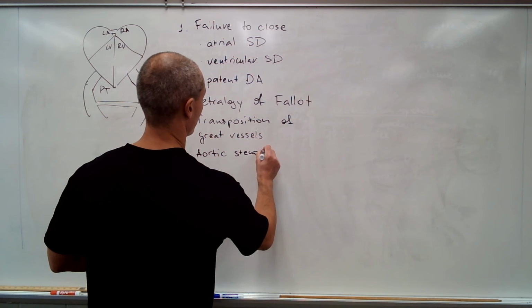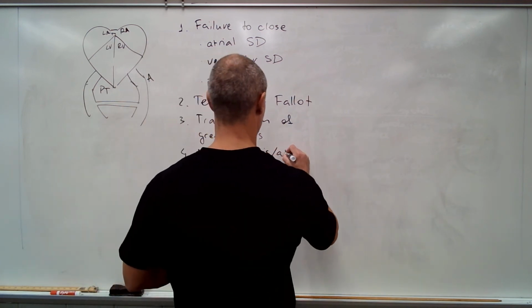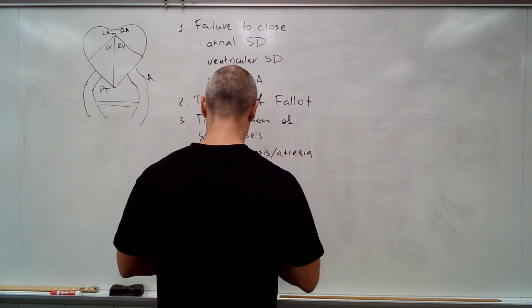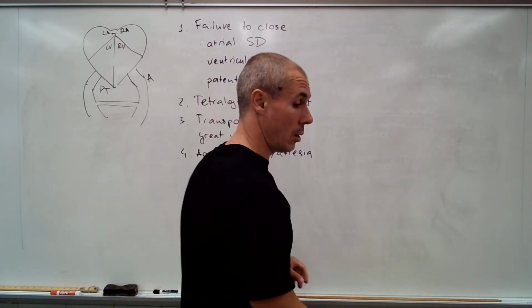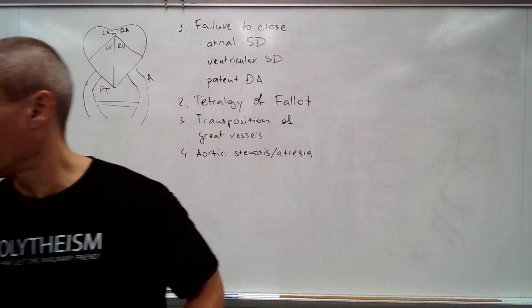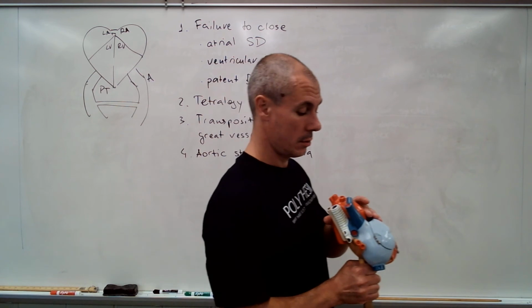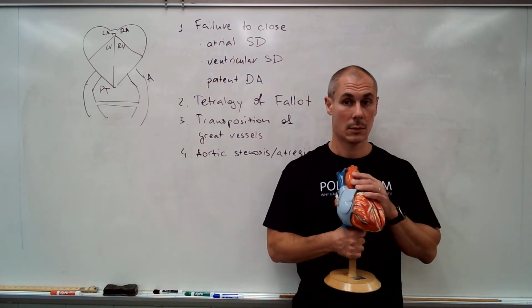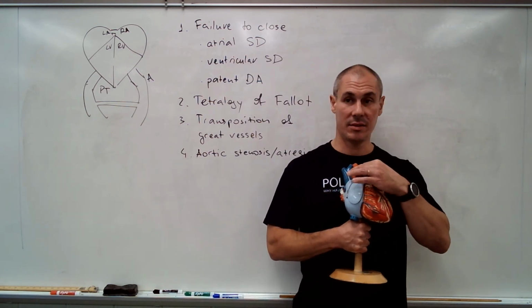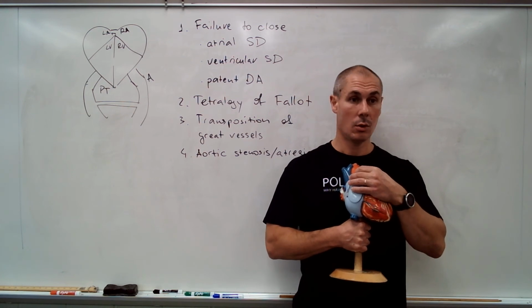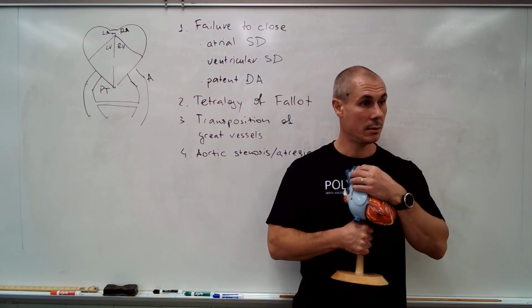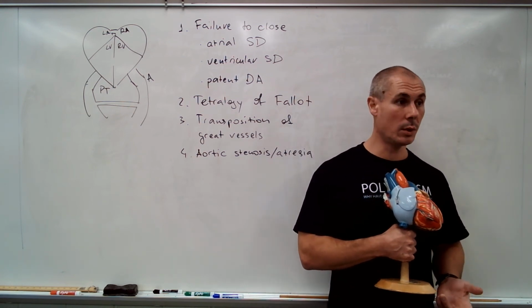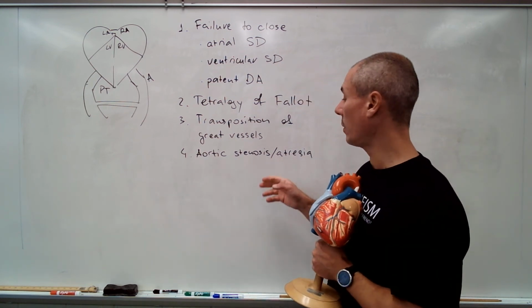And sort of, kind of on the boring side, aortic stenosis or atresia. So basically, the aorta here is either massively narrowed down or just completely blocked, obstructed. Again, fixable, especially in stenosis, it's actually quite interesting.